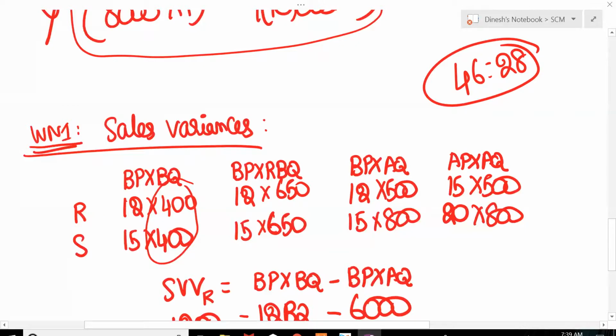The moment the computation table is done, the problem is almost over for us. 12 into 650, 15 into 650, 12 into 500, 15 into 800, 15 into 500 and 20 into 800. Clear?